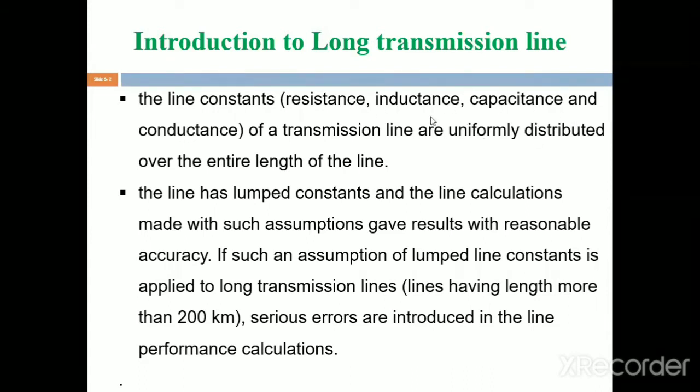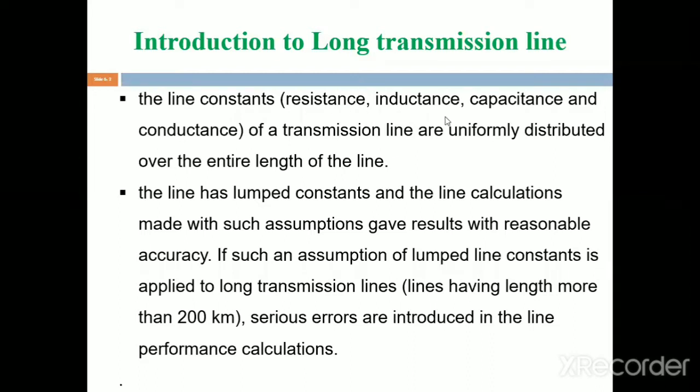While we are taking the lumped one, we are considering only one resistor, one inductance and one capacitance, as in the case of a medium and short transmission line. But in that case the length of the line is less, therefore the effects of resistance, inductance and capacitance are also reduced.